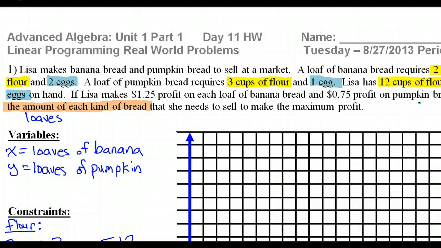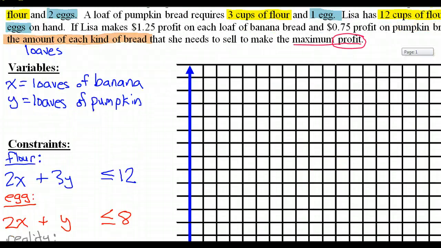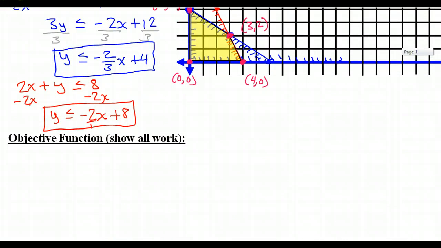In other words, what is it that we are trying to accomplish? So, looking right here, we are trying to maximize profit. That's our objective. Money, profit. So, for this particular problem, our objective is going to be a profit objective. That's what we're trying to accomplish. We're trying to make that money.